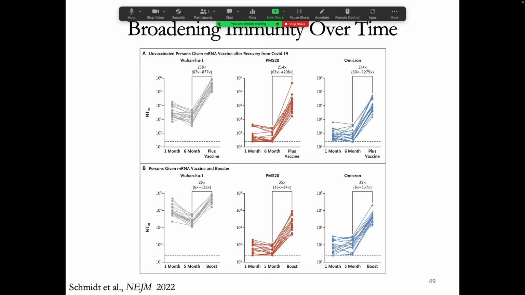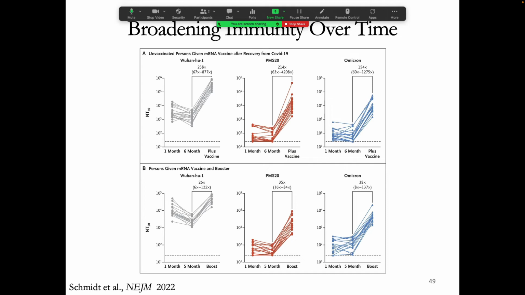This is the original strain of COVID, and there's some neutralizing antibodies. If we look at people 1 month after a vaccine, they've got some neutralizing antibodies. In fact, they're a bit higher. If we look 6 months later, or 5 months later, you can see that they go down. Not a shocker, right? Yay for contraction.